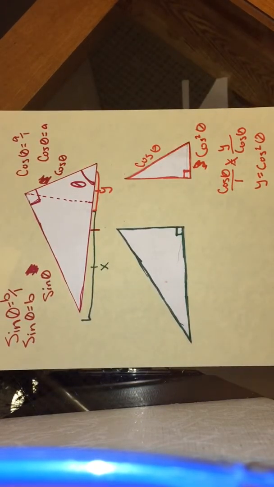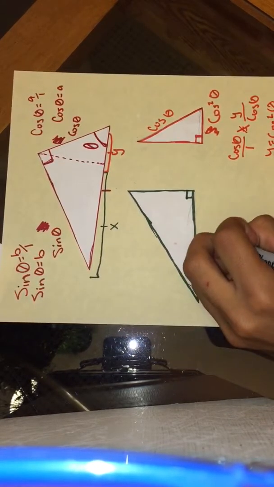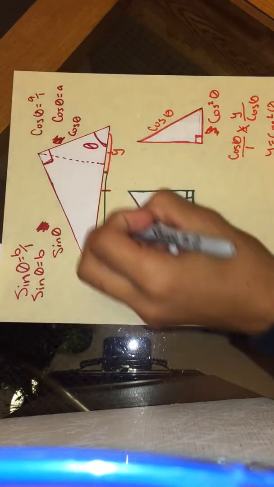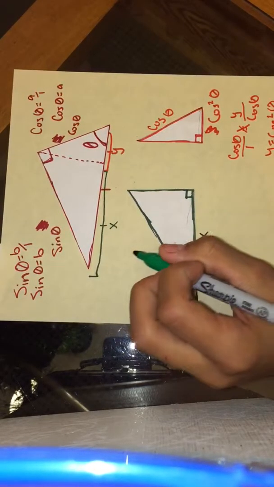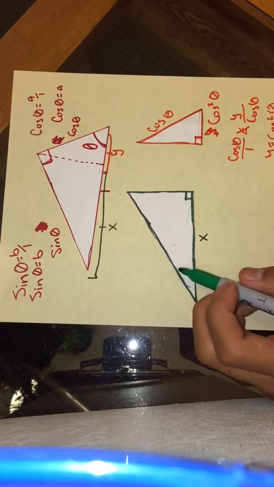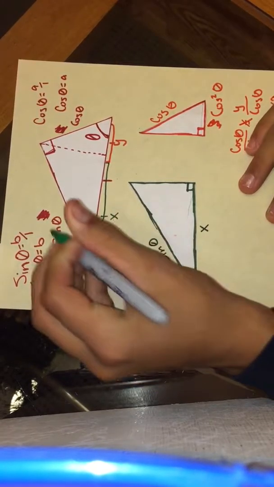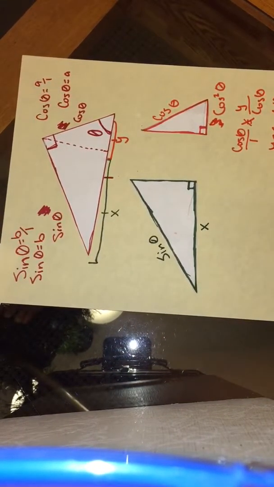So now to the long leg value side, which is the green triangle right here. So now this long part right here is X. But the hypotenuse of this green triangle will be sine theta from the original one.